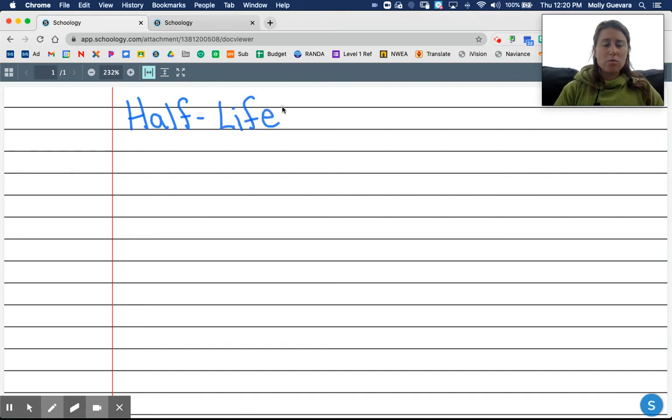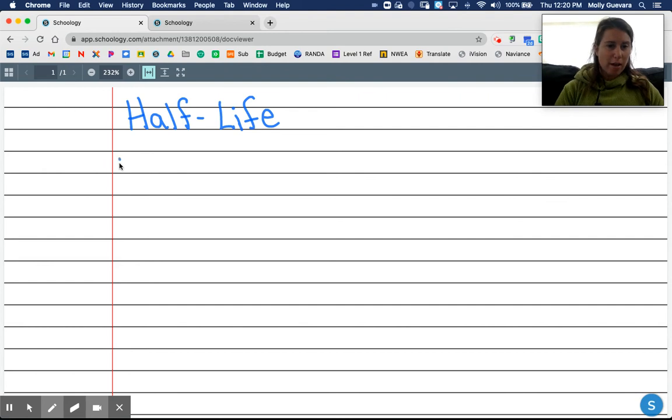Half-life is a term that's used a lot in a lot of different sciences, especially in figuring out how old artifacts are that are found. When they find dinosaur bones, they can figure out how old the dinosaur bones are. It's actually really cool.